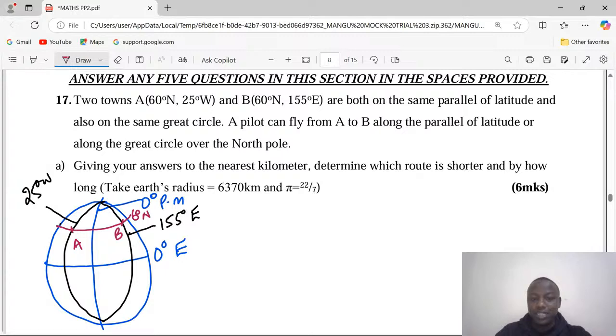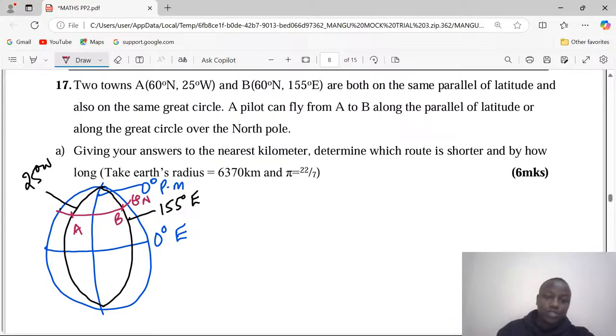If we move from A to the North Pole, then down to B, we will be moving along the same path, and we will have traced the distance along a great circle.